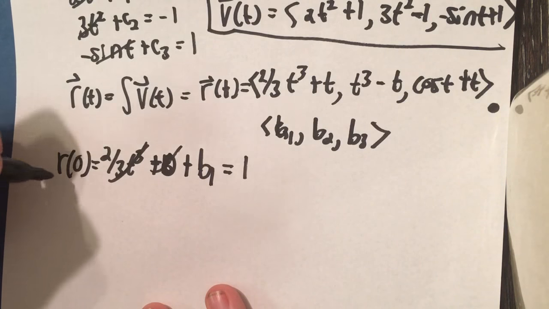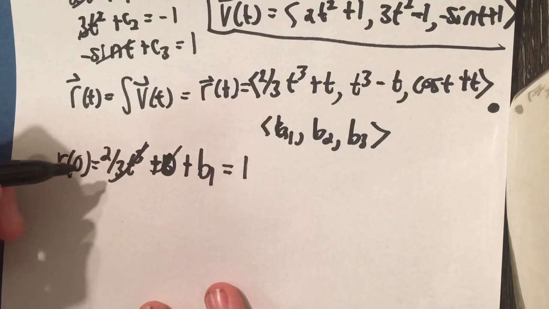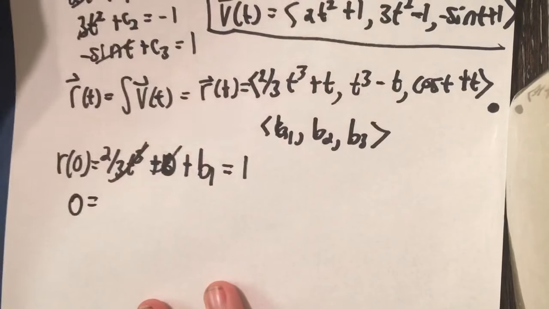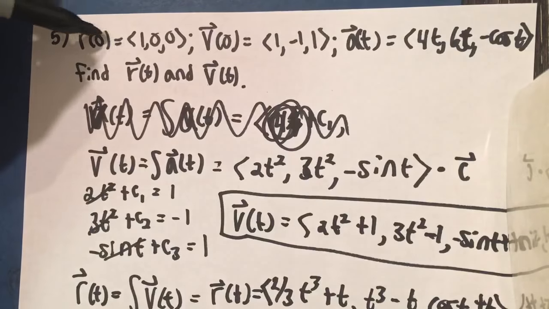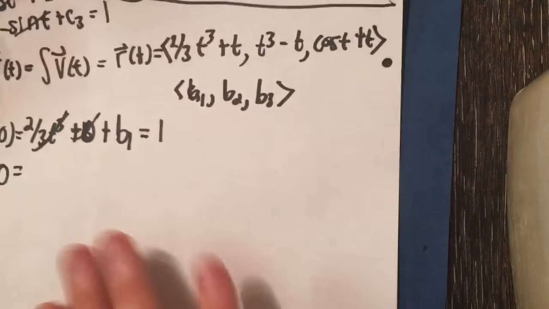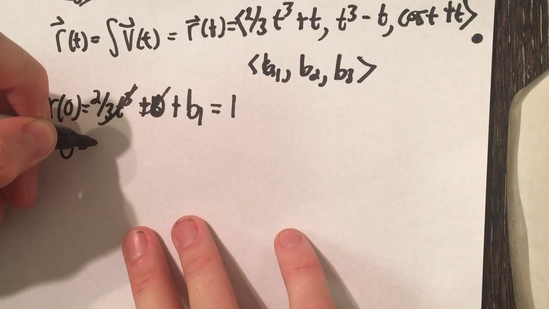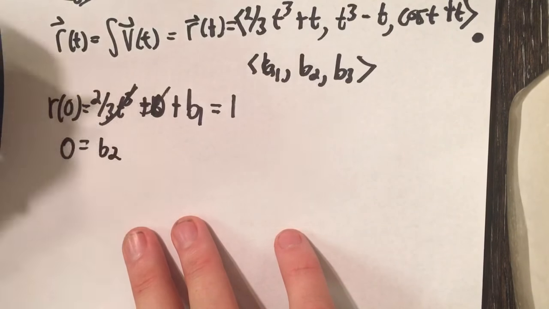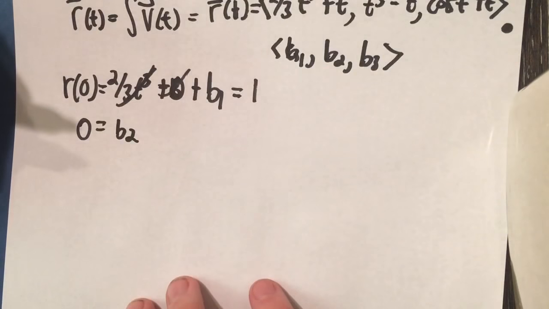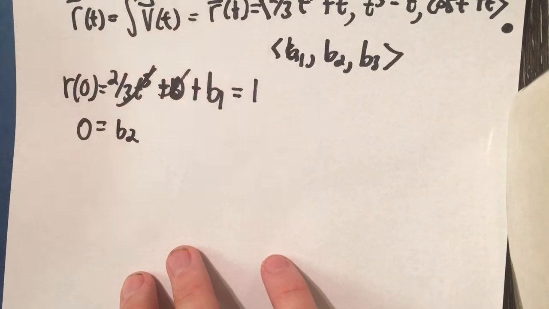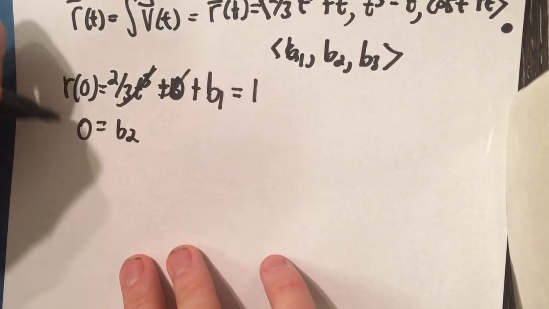Now, if we solve for the y component, we would say 0, because from up here we see that r0 is 1, 0, 0. So 0 equals t cubed, which is 0, minus t, which is also 0, plus b2, sorry, b2, the second constant. So our second constant is 0. That makes life a little easier.